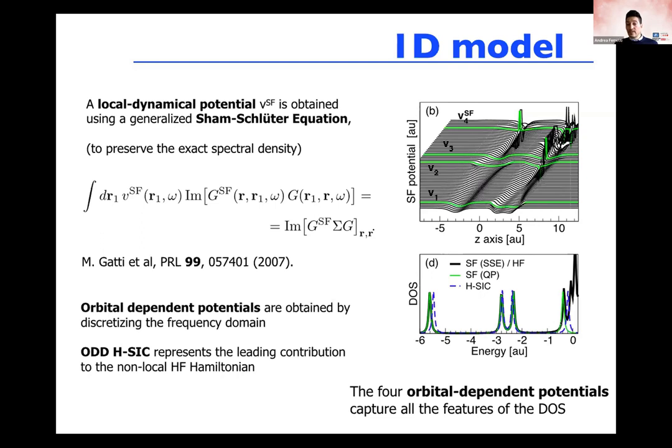And if you want here, what is important is just the counting. We have basically, in this case, 4 potentials, and we are able to describe 4 peaks. In Kohn-Sham, we have 1 potential, and somehow we are pinned to just describe 1 orbital, that is the HOMO.